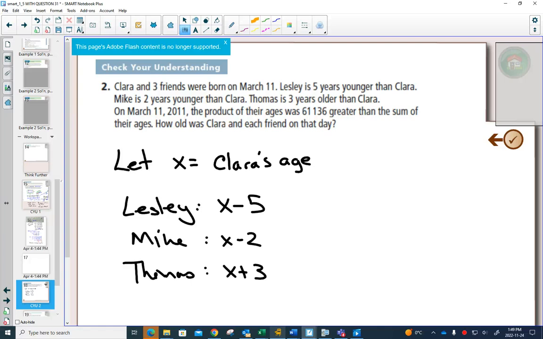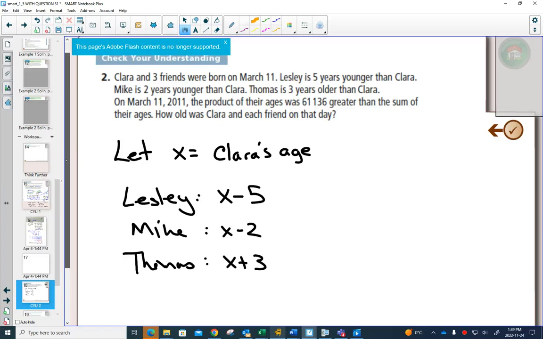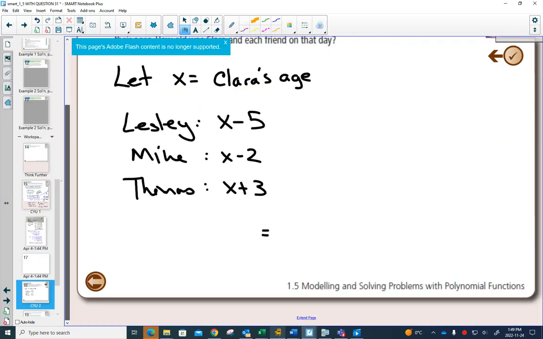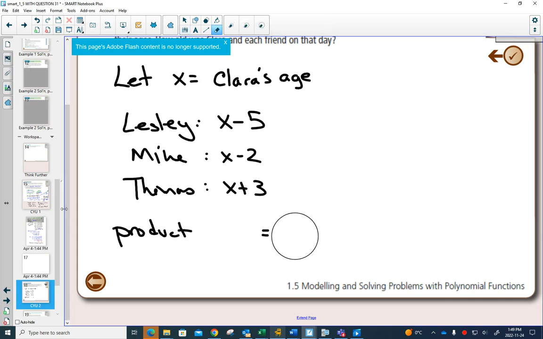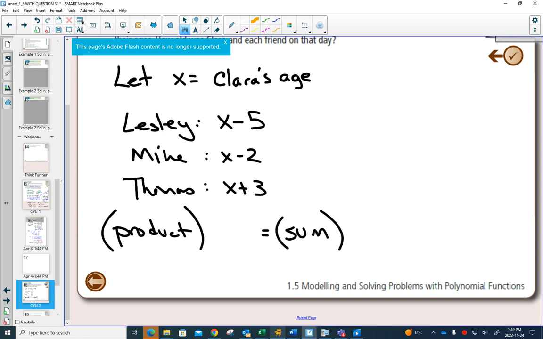Next, they give us a sentence that should allow us to create an equation. The product of their ages is 61,136 greater than the sum. So really the equation, you are comparing the product on one side and the sum on the other side. I'm going to put those in brackets, but they're not equal.